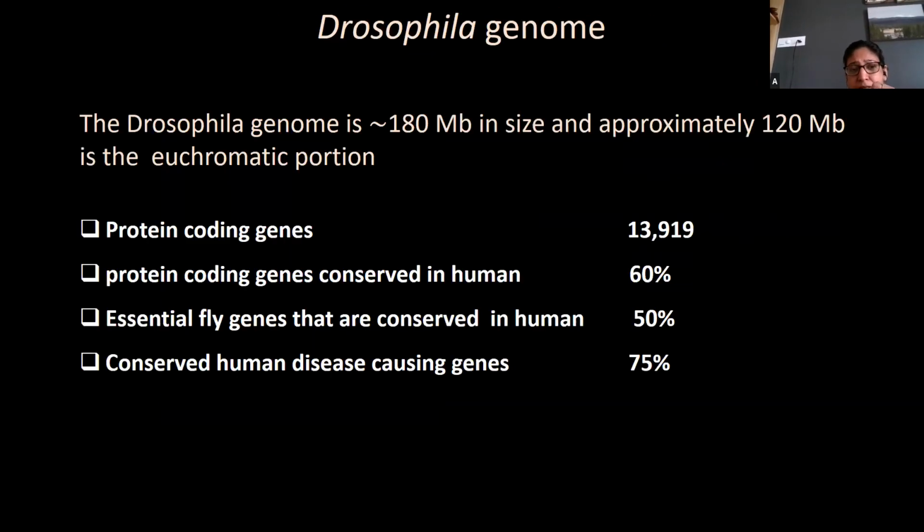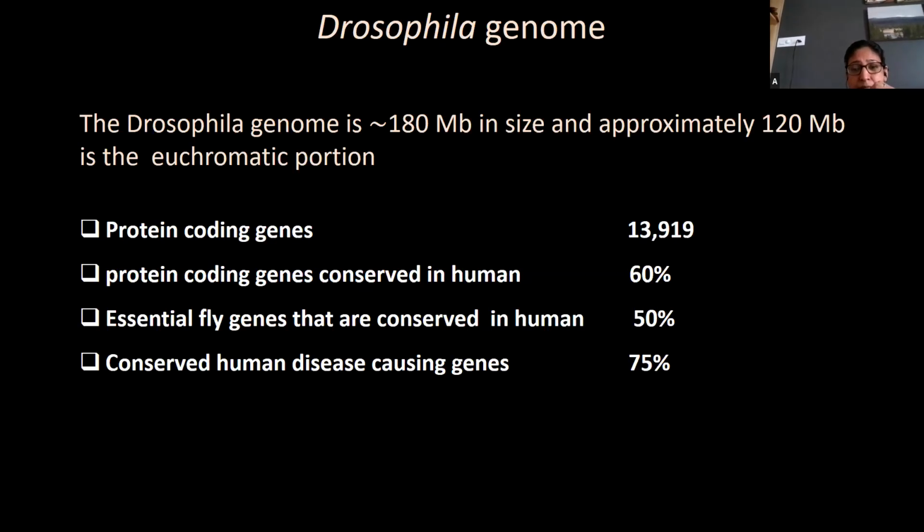So why Drosophila? The Drosophila genome was sequenced in 2000, and it's about 180 MB, out of which about 120 MB is the eukaryotic portion, which contains protein coding genes, about 13,919. Out of these 13,919 genes, about 60% are conserved in human.